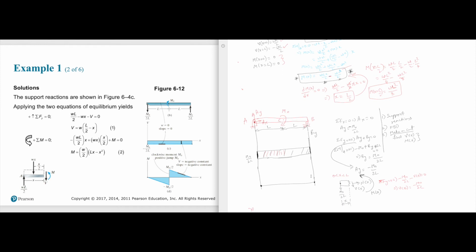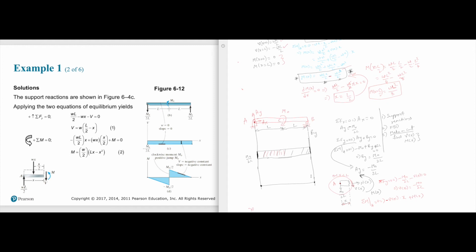Similarly, take the sum of moments with respect to A equal to 0. You have V of x times x plus M of x. V of x is rotating clockwise with respect to A, with distance x, so I should write this as negative.